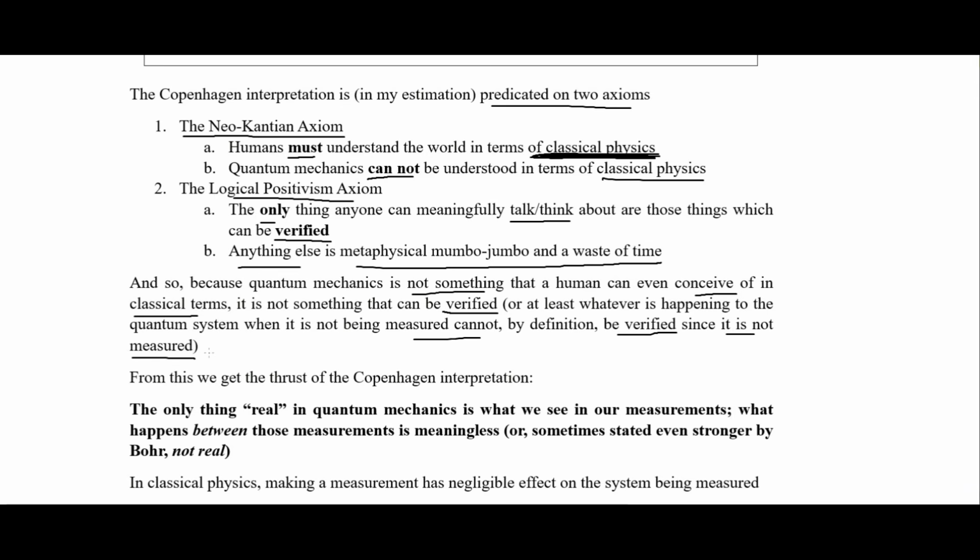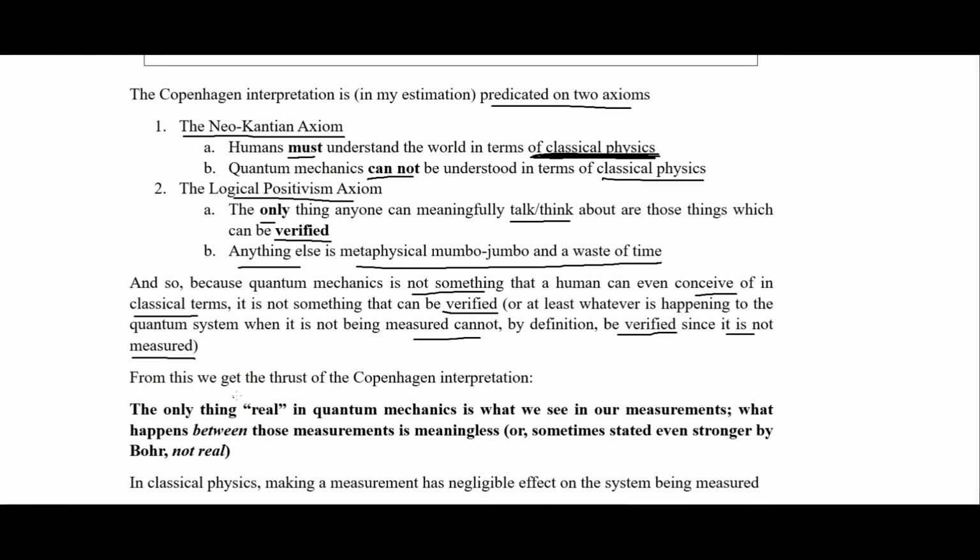So there's no thing probing the system, whether that's just us looking at it with our eyes or actually using some instrument. And so while we're not measuring it, then it's not real. That's what we mean here with the Copenhagen interpretation.